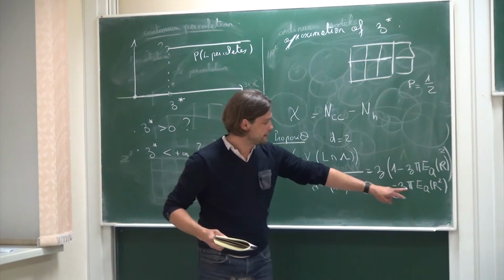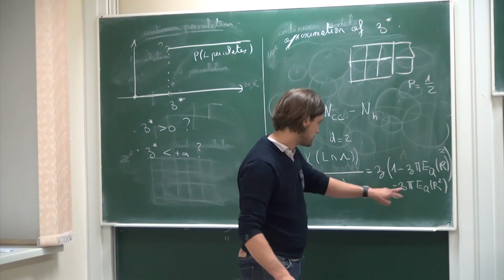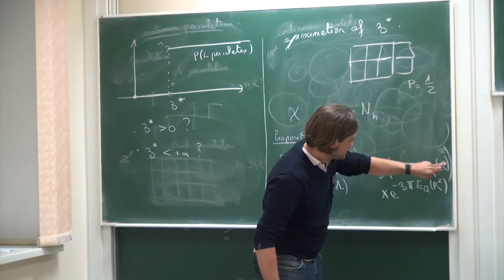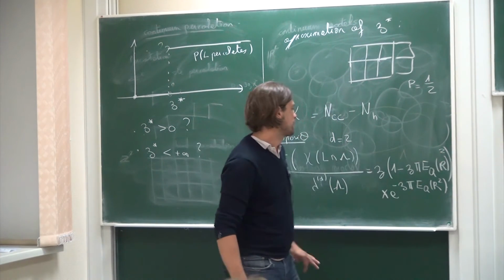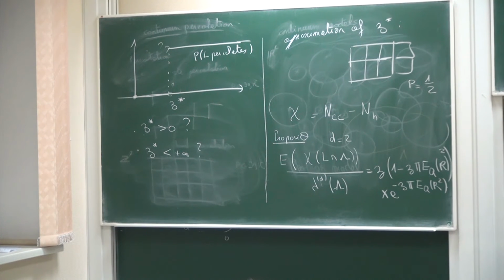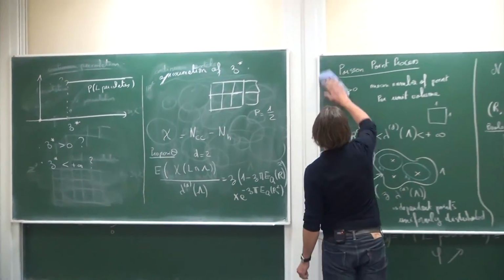So the pi here is just the volume of the unit ball in dimension 2. Here the square is inside the expectation, here it is outside the expectation. And we have this formula for the mean Euler characteristic of the Boolean model. So it's explicit. It's quite a nice result also.